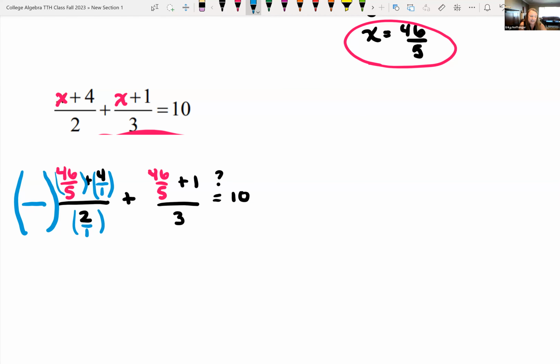So the LCD of 5, 1, and 1, the smallest thing that 5 can divide into and 1 can divide into, would be 5. I can't just multiply by 5 in the numerator, but if I multiply by a fancy 1, 5 over 5, we can do that. Same idea with that second fraction. I can clear the fraction within the fraction by looking at the LCD of all the terms. In this case, it's still 5.